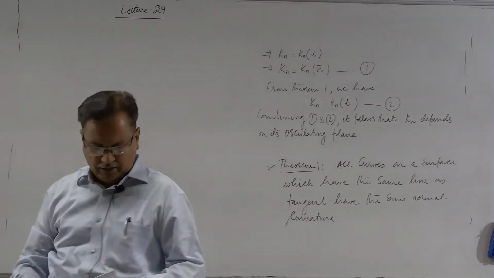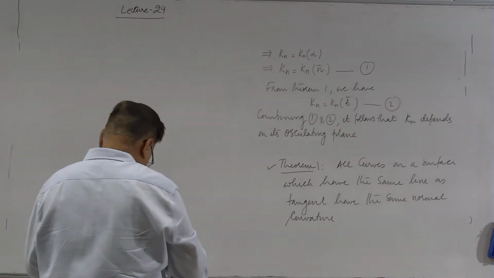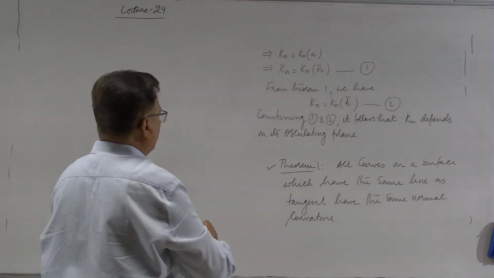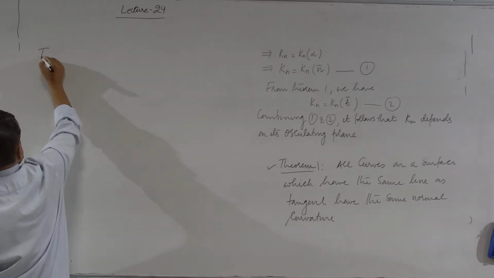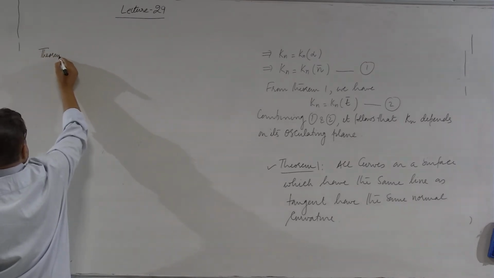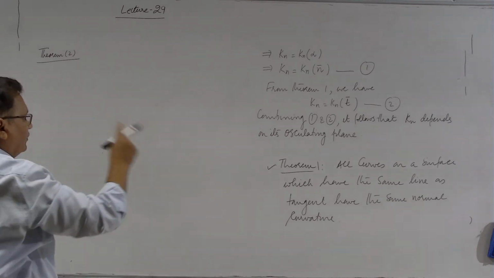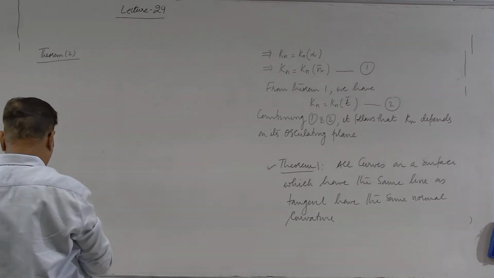So, this can be written as a theorem. I can write down in a more formal way a theorem. This is theorem number 2. What we have observed over there can be stated in the form of a theorem as follows.